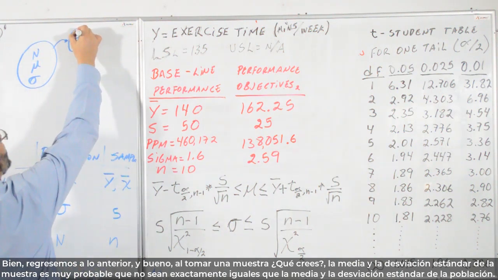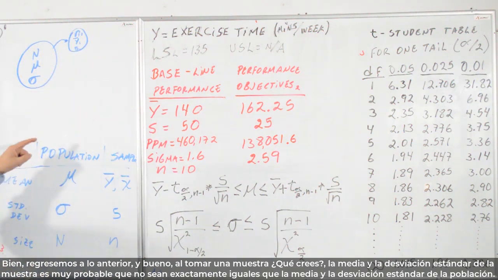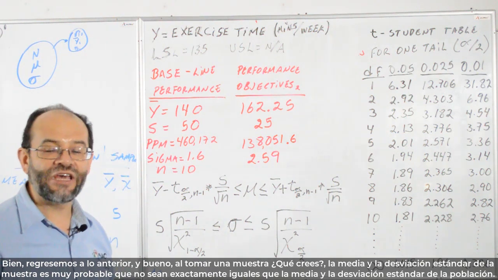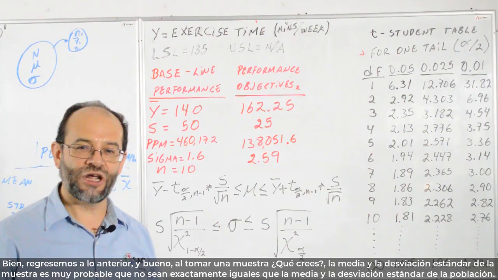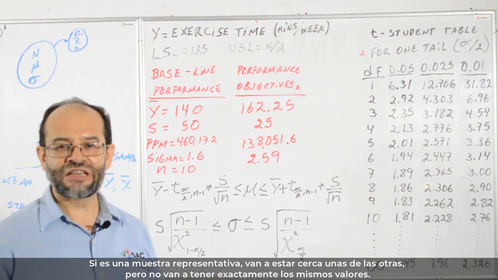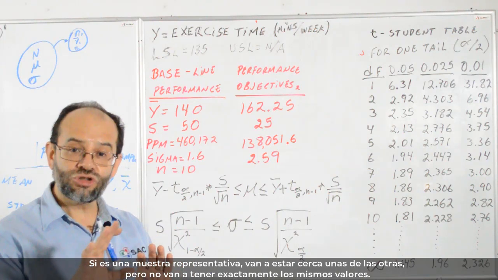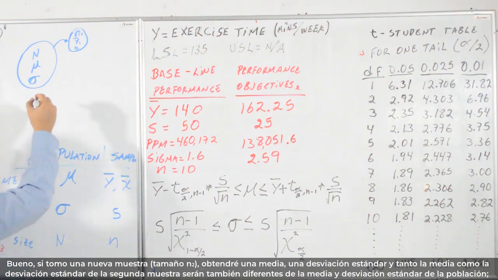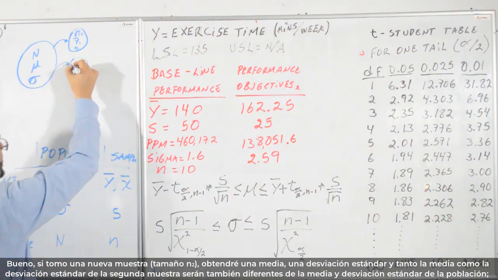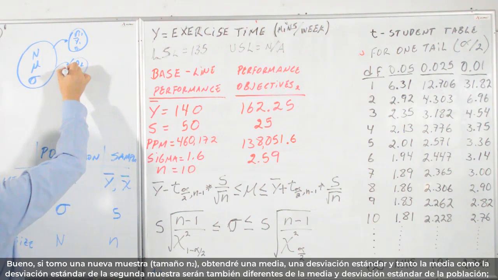And basically, you take a sample, and guess what? The mean and the standard deviation of the sample are very unlikely to be exactly the same as the mean and the standard deviation of the population. If it's a representative sample, they are going to be close, but not exactly the same values. If I take a new sample of size n, you will get a mean and a standard deviation, and guess what?